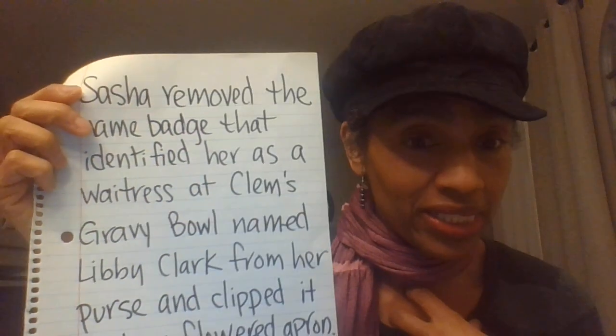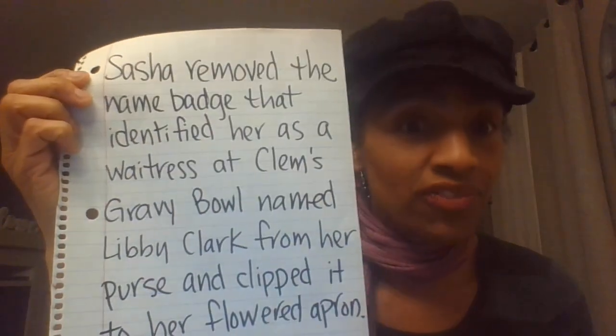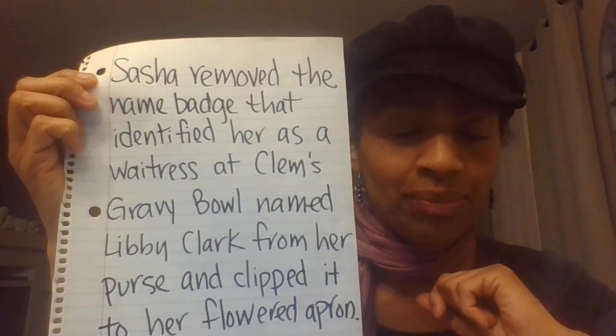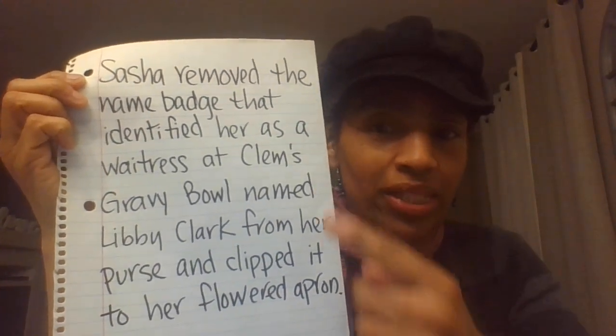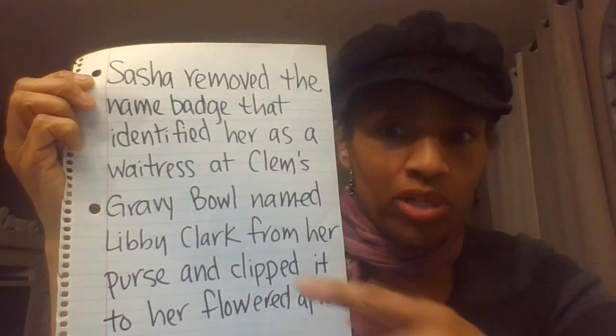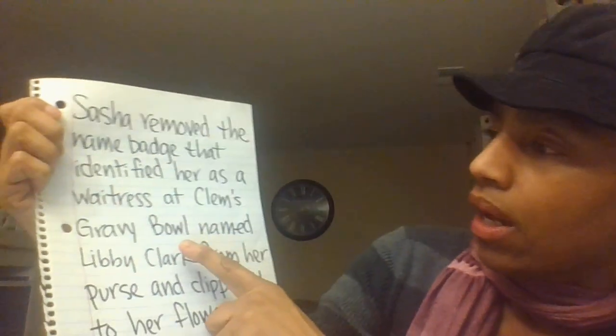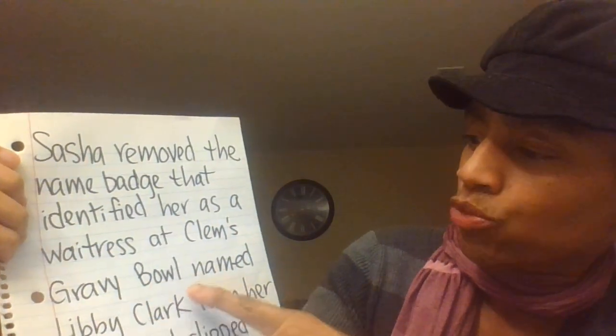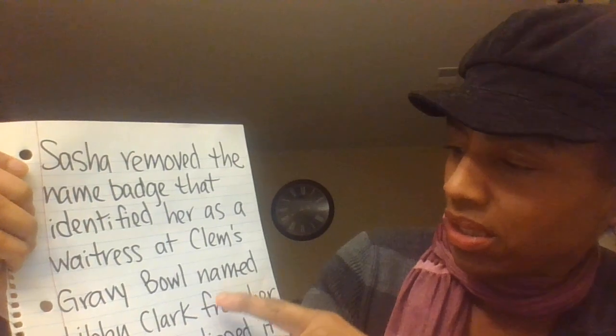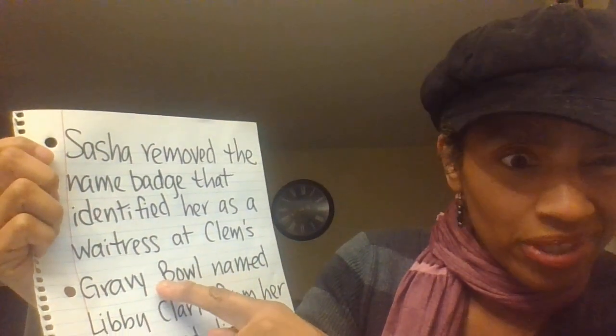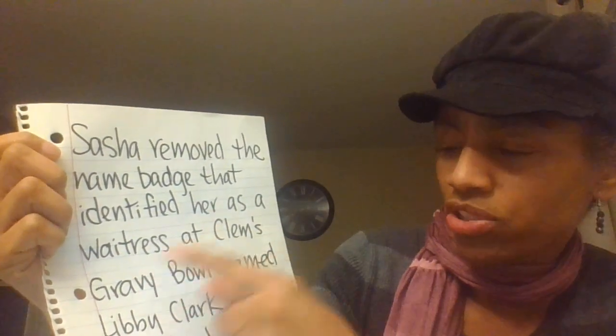There's nothing wrong with a long sentence, but at a certain point, as I read it, I started stumbling over part of it, especially when it said, identified her as a waitress at Clem's Gravy Bowl, named Libby Clark. Wait, is Libby Clark named the Gravy Bowl? There were things starting to trip me up.